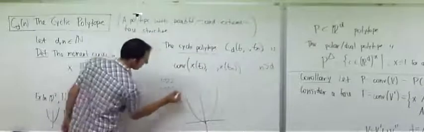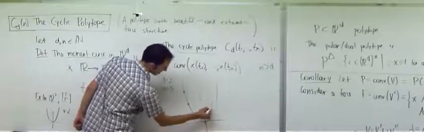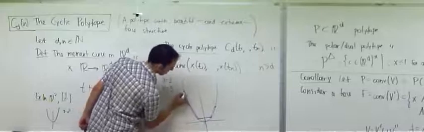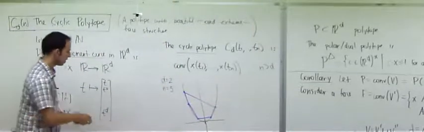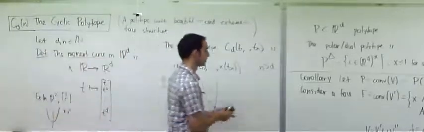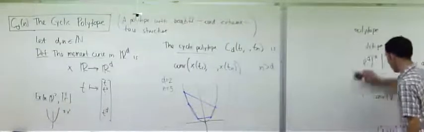So maybe I choose this one, and this one, and this one, this one, and this one, and I form the polytope. Okay? It's a pentagon. And in general, I do the same thing.